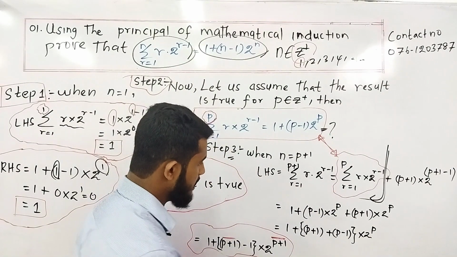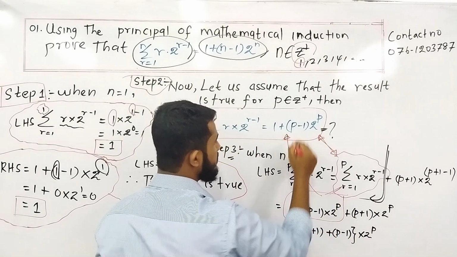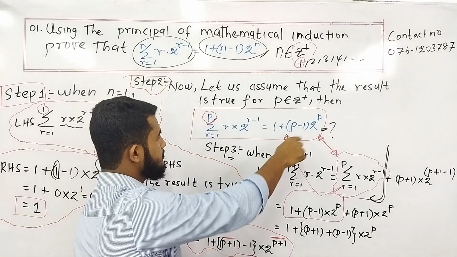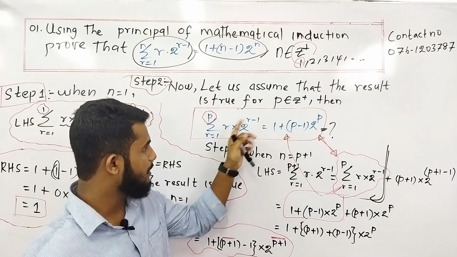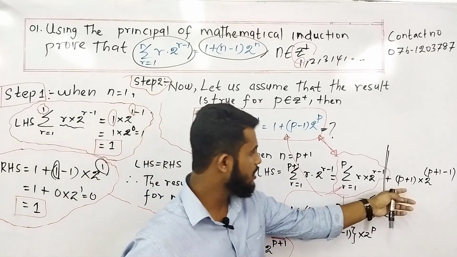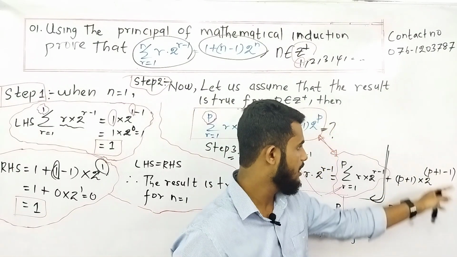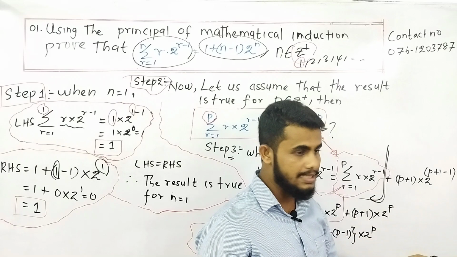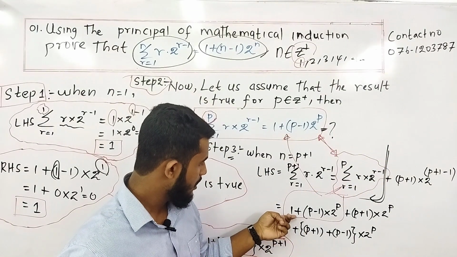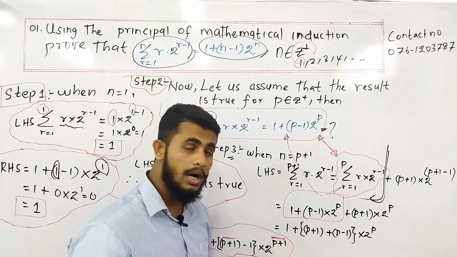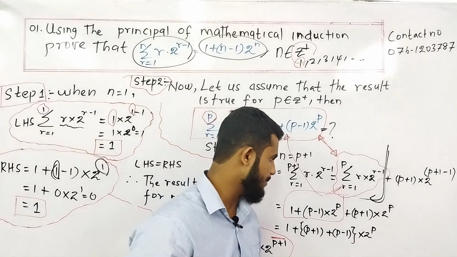Instead of the summation part, I can put the result we found from my assumption. Now putting p plus 1 into 2 to the power p plus 1 minus 1, plus 1 minus 1 cancel, I have 2p. So we have 1 plus p minus 1 into 2 to the power p, plus p plus 1 into 2 to the power p.